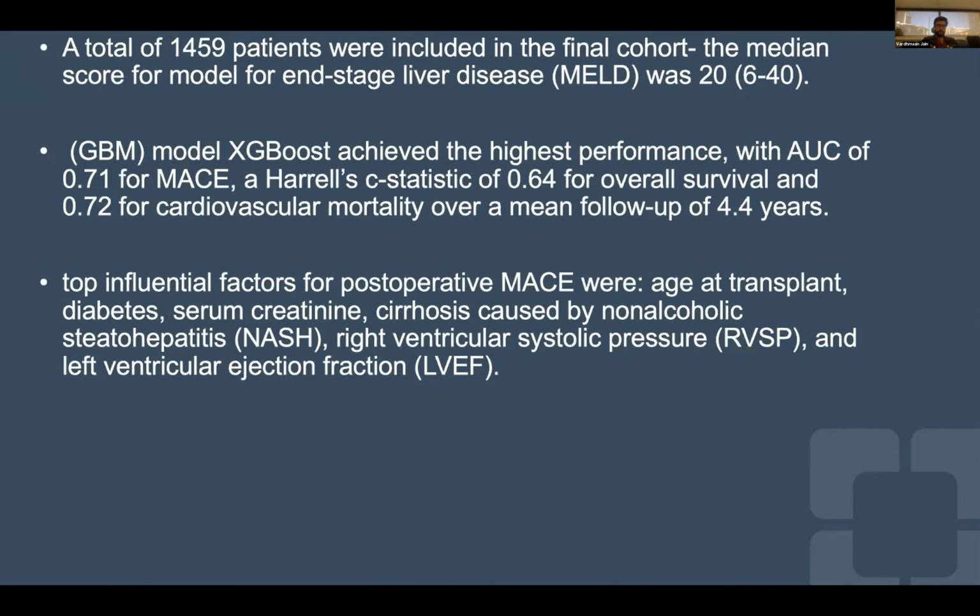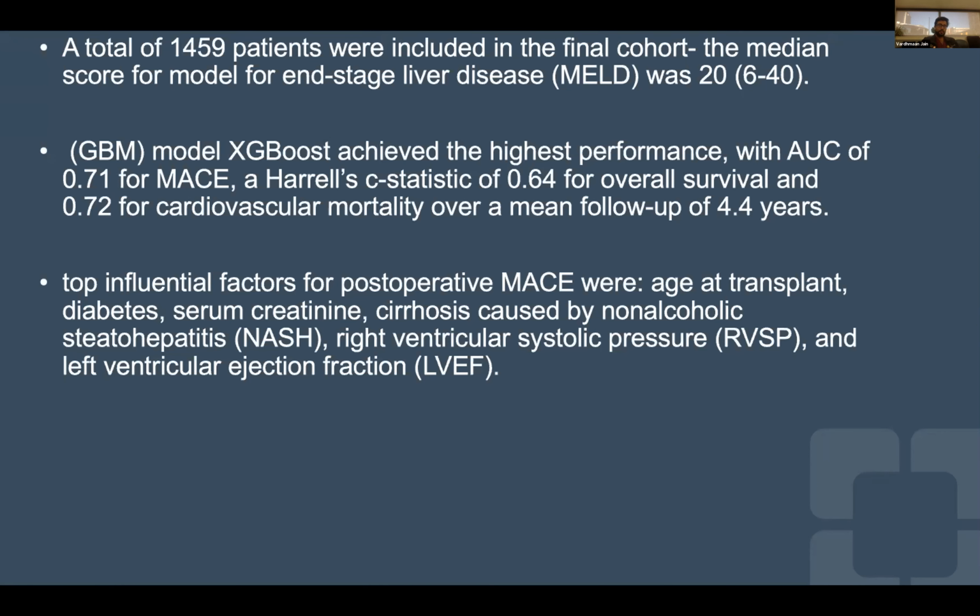And unsurprisingly, what the model picked up in terms of the Shapley value examination was that the factors most predictive of adverse outcomes after liver transplant included age at transplant, diabetes, serum creatinine as a surrogate for renal function, NASH cirrhosis, and echocardiographic parameters like RVSP and LVEF.